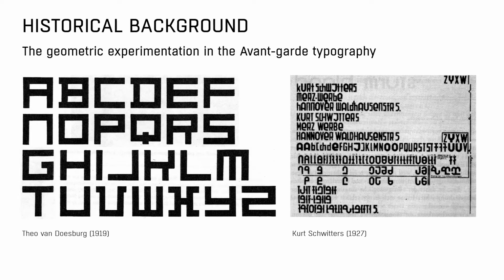Several experiments question the graphic representation of language, and a universal alphabet is searched for, any language and more suited to speech. Kurt Schwitters designed a monocase alphabet linking stroke and thickness to pronunciation and intonation.